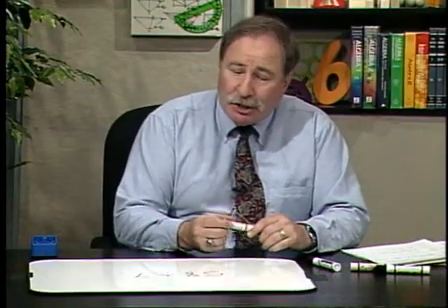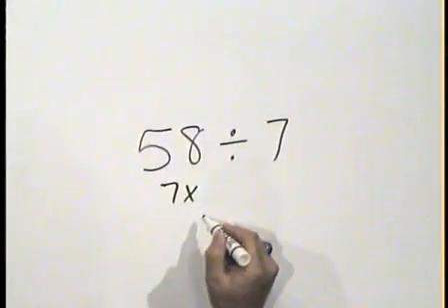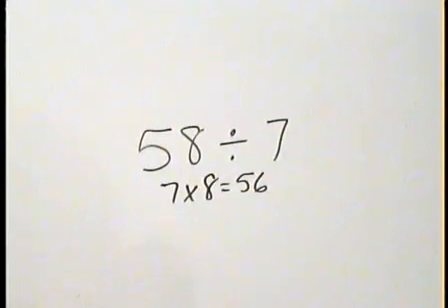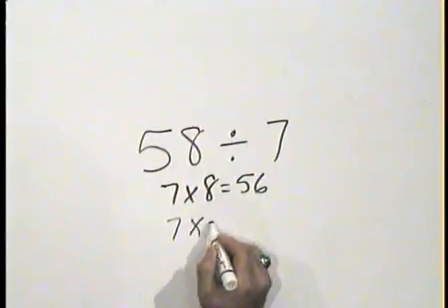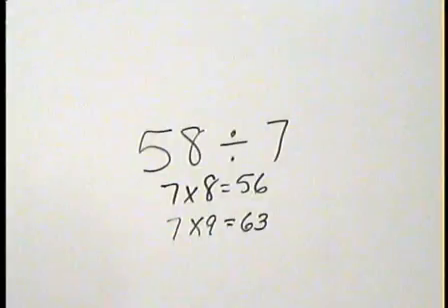58 is not in the 7 times table. I do know that 7 times 8 is 56. And as Goldilocks would say, that was too small. And 7 times 9 is 63, which of course is too large. So someplace between 56 and 63, we have our number 58.